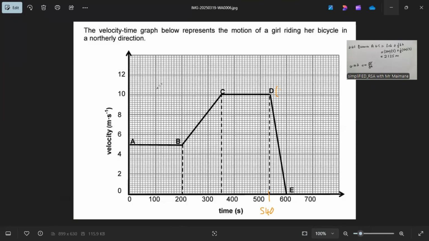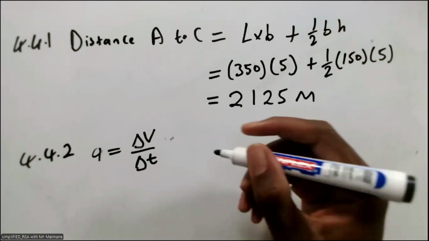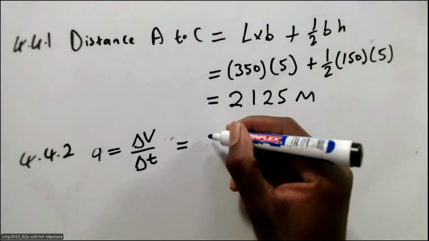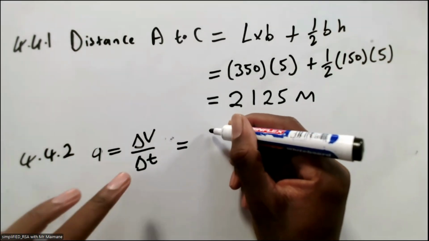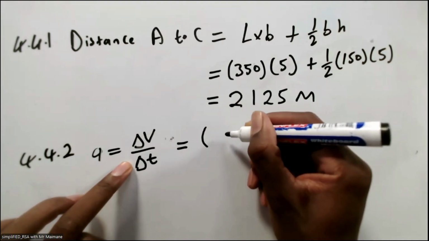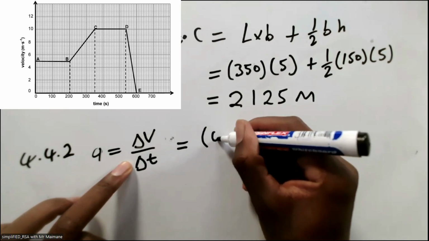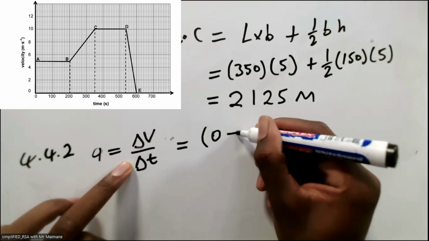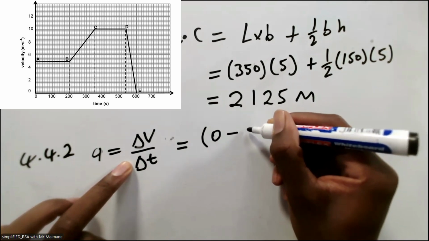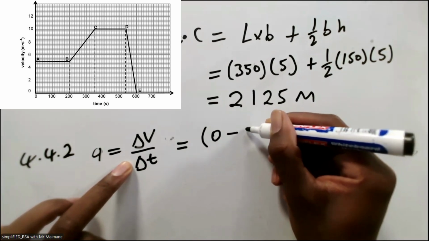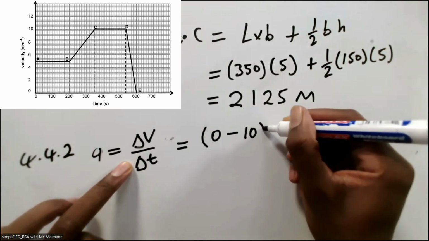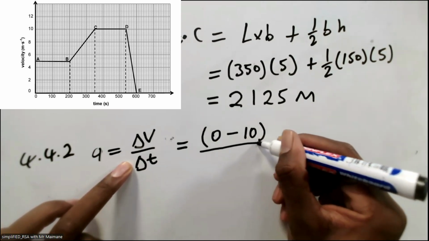So now, looking at the changes, I can tell that obviously the final velocity is 0 where the girl stops. So 0 minus 10 meters per second would be the change in velocity.